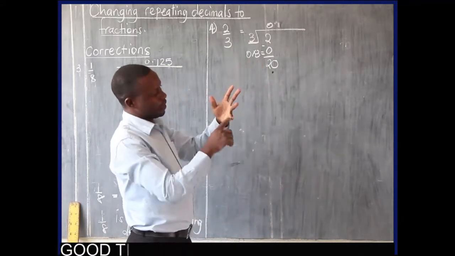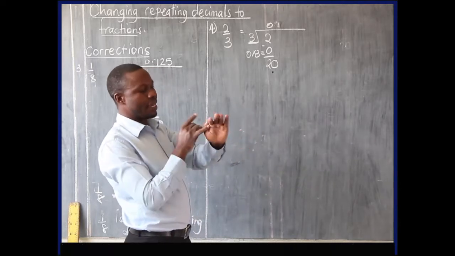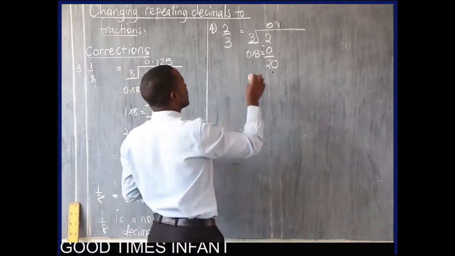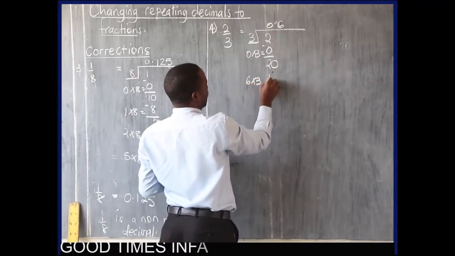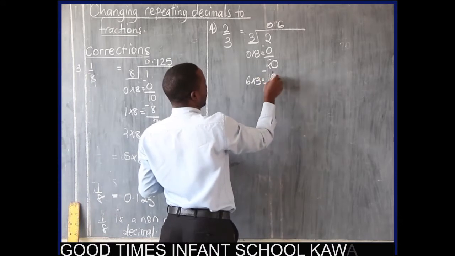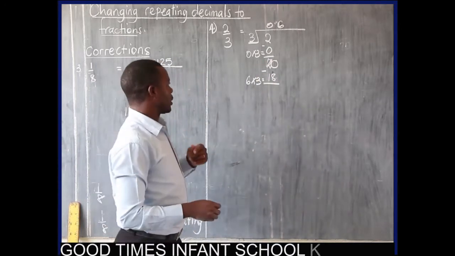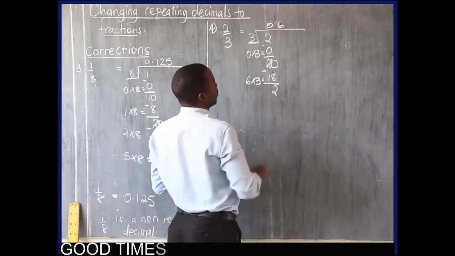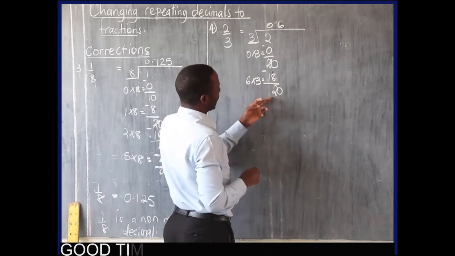3, 6, 9, 12, 15, 18. So you're seeing 6. Now 6 times 3 will give us 18. So when we subtract, 20 take away 18, we shall get a 2. So a 2, we add a 0, it becomes 20 again.